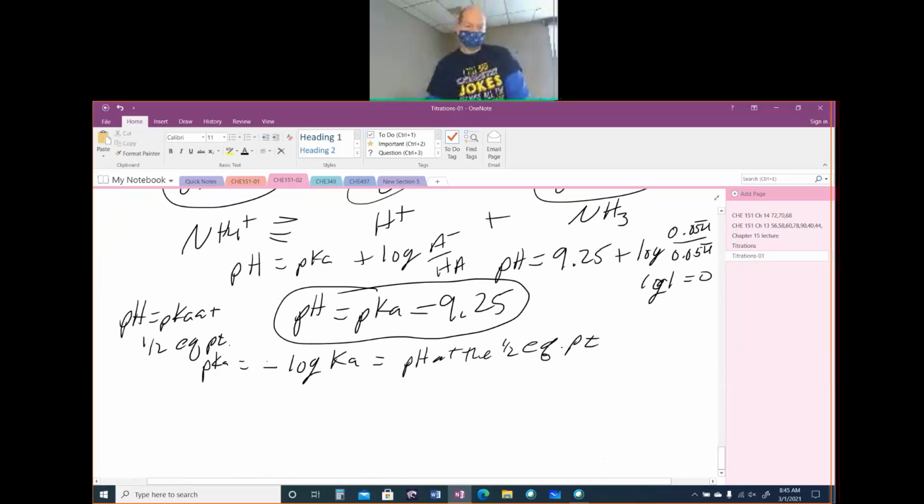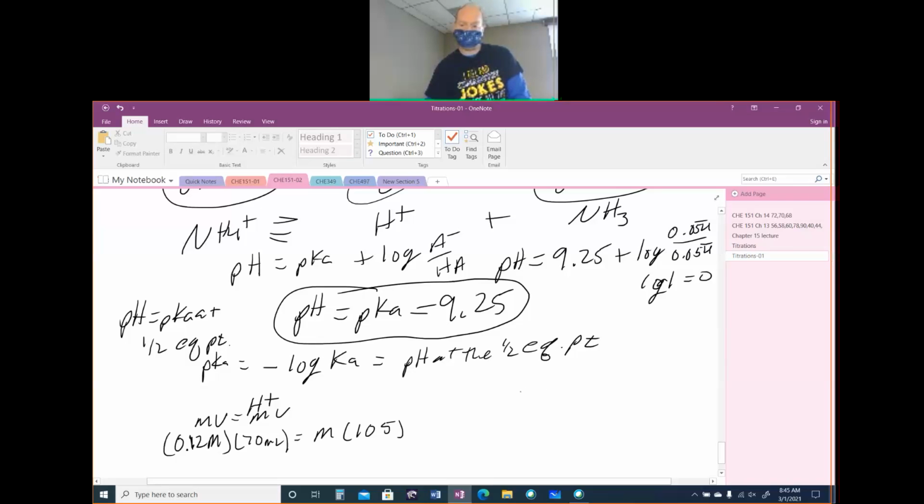All right, and so our H plus, which is our HCl, is 0.12 molar. So we're doing MV is equal to MV. We're going to add 70 mL of that, and now we want the molarity now that the volume is 105.